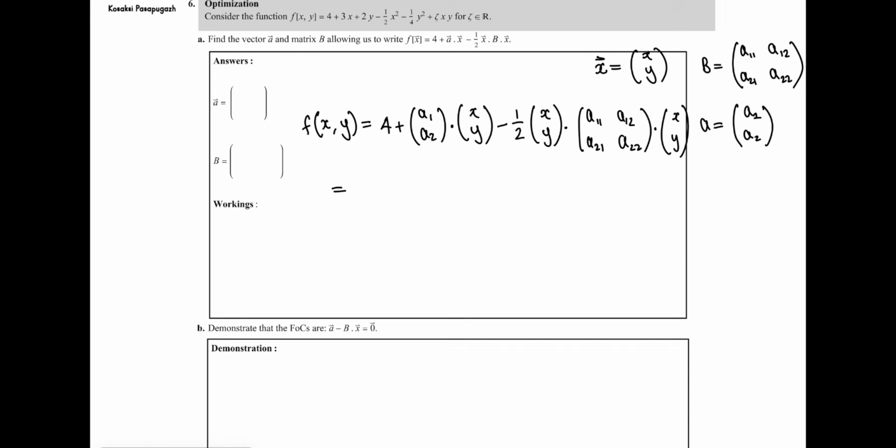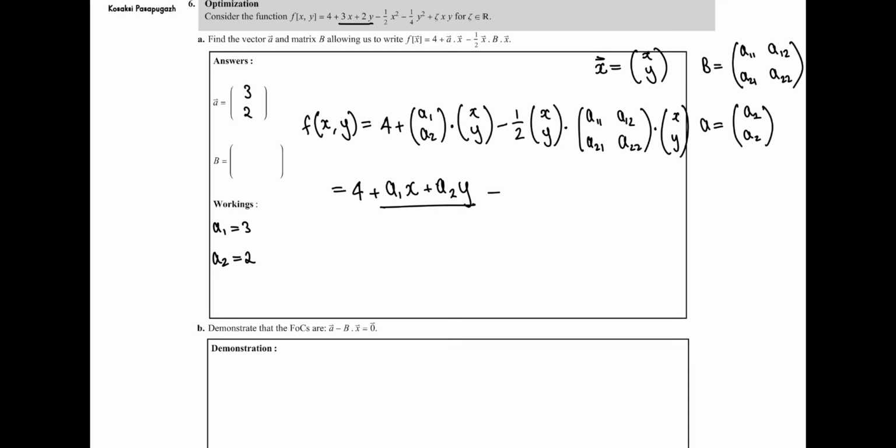If I now work out this dot product, we get 4 plus a1x plus a2y. If we compare coefficients between this and this, we can see that a1 is going to be 3 and a2 is going to be 2.